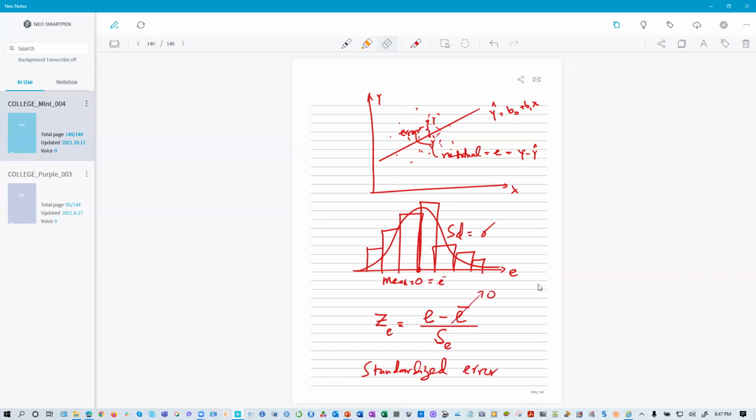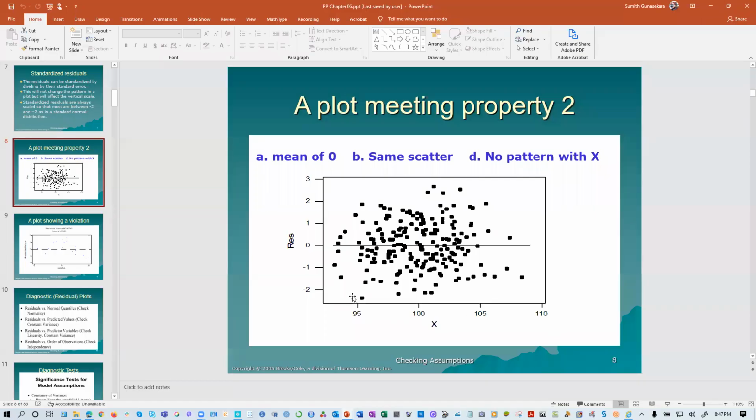You can find the standard deviation for any data, even for the error. Residual versus this one, that's a 0. Look at the 0. The pattern should be scattered equally about this line.